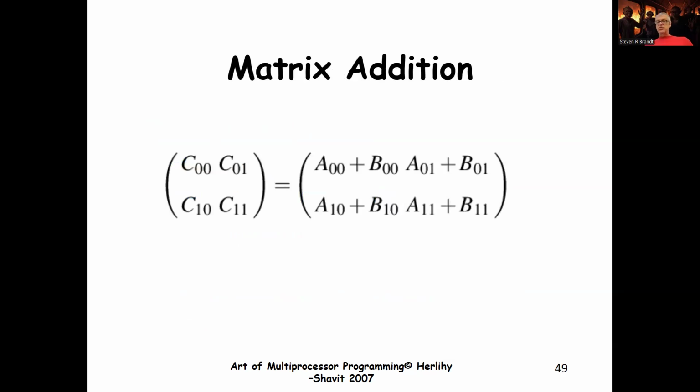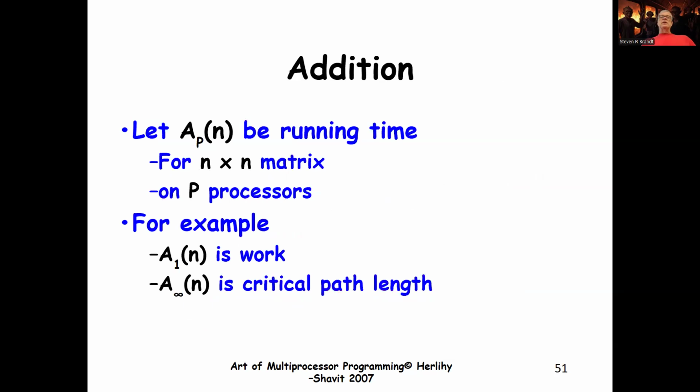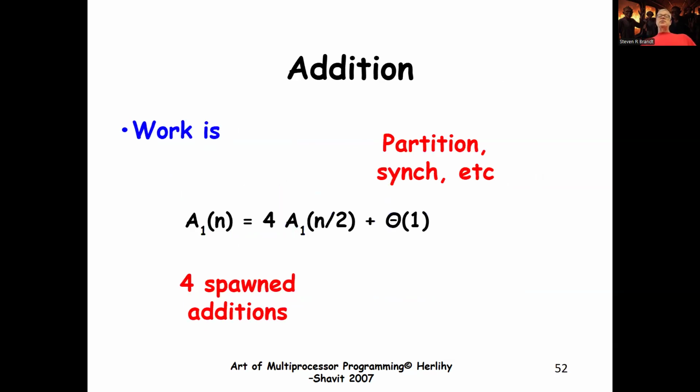So let's look at our matrix addition again. We have 4 parallel additions. Let AP of n be the running time for an n by n matrix on P processors. So A1 of n is the work and A infinity of n is the critical path length. The amount of work is going to be 4 times the work on a half size problem, plus some additional stuff that is of order 1.